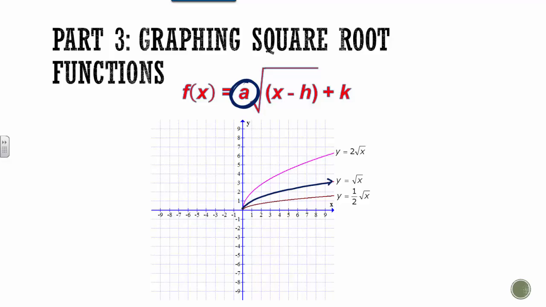Now if I put a bigger number out here, you see how it makes it curve up more, where a number like 1/2 makes it flatter. So you can speculate that if I put a number like 3 in front of it, it's going to get even bigger. y equals 3 root x. If I put something like 1/3, that's a little smaller, so it'll be a little flatter.